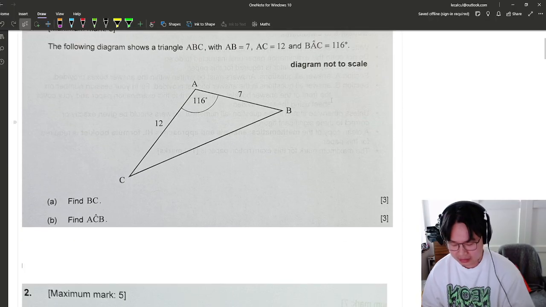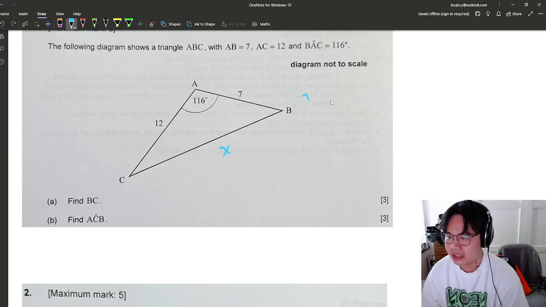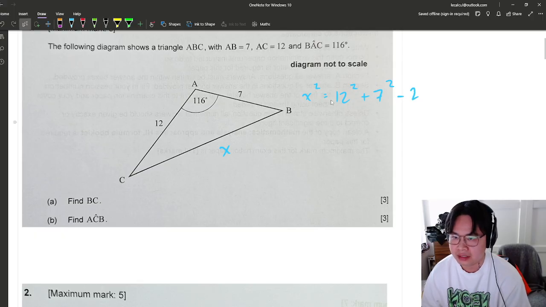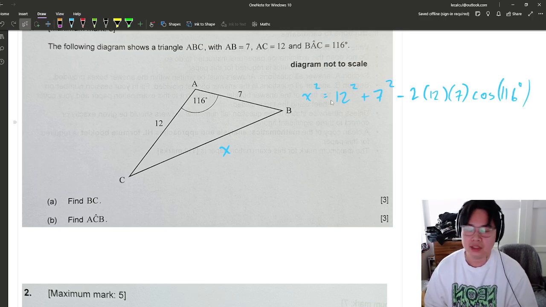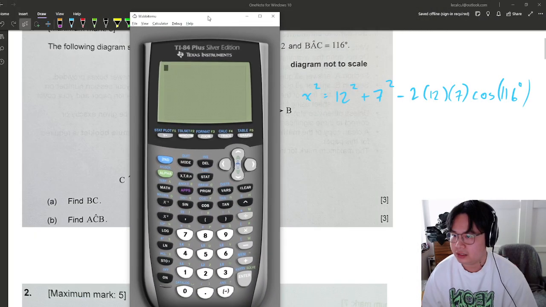This looks like a standard cosine law question. What do we want to do? Find BC? Yeah, okay. So, standard cosine law question. X squared is equal to the other two sides squared and added together minus 2 times the two sides times cosine 116. Put this into a calculator.